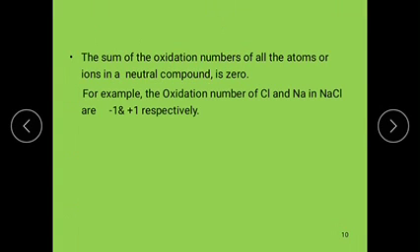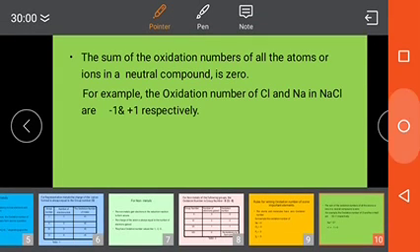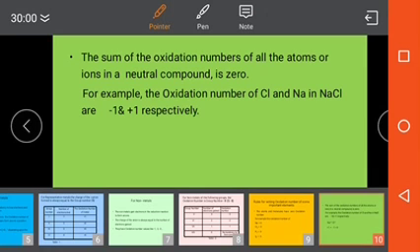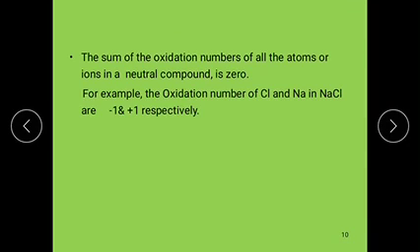For example, the oxidation numbers of Cl and sodium in NaCl are -1 and +1 respectively. Let us see.